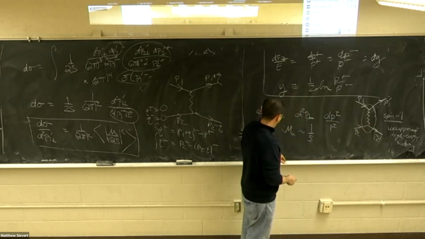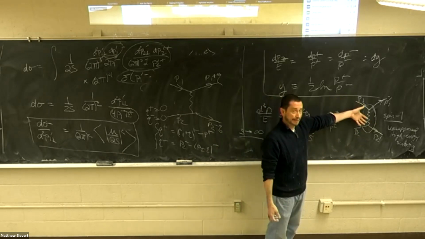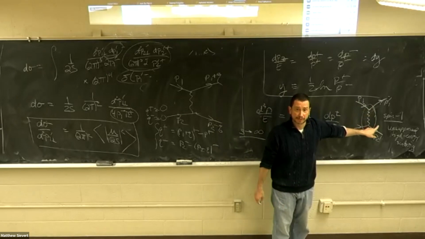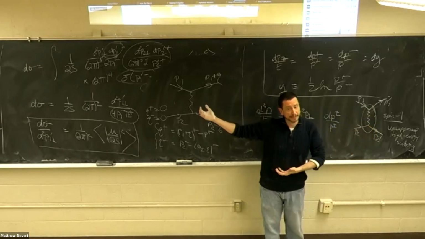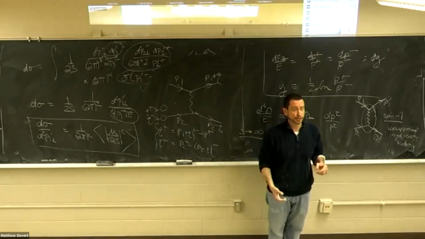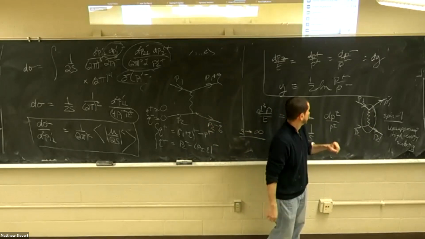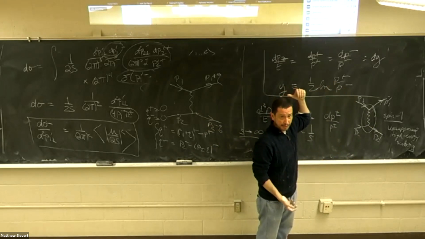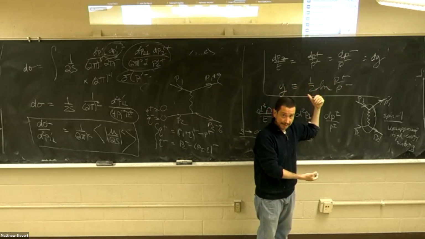So I would say, if I'm working to leading power in the energy s, I can forget about the u channel, I can forget about anything but vectors. This is called the eikonal limit, or the eikonal approximation. If I want to go beyond the eikonal approximation to include a power suppressed correction, probably there are some kinematic corrections, things that I threw away that would have been 1 over s.